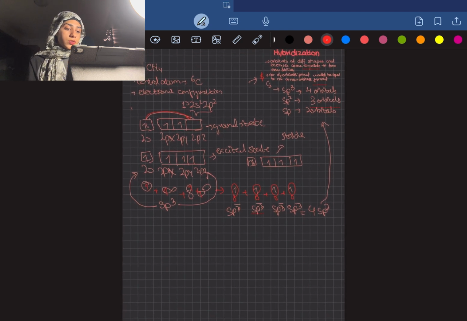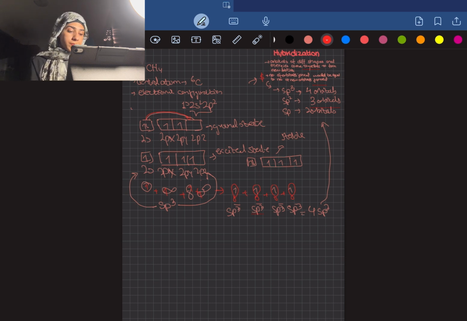Now I need to make the shape of CH4. So I have carbon here, and because I'm using all of these 4 orbitals, I can just put it like this.